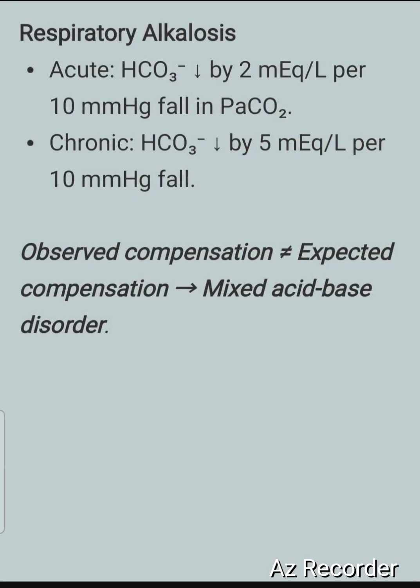Respiratory alkalosis, in acute cases, the bicarbonate decreases by 2 milliequivalent per liter for 10 mm mercury fall in PaCO2, whereas in chronic, bicarbonate decreases by 5 milliequivalent per 10 mm mercury fall. If the observed compensation is not equal to expected compensation, then you must go for the mixed acid-base disorder. If the observed compensation is equal to the expected compensation, then there is a simple disorder.